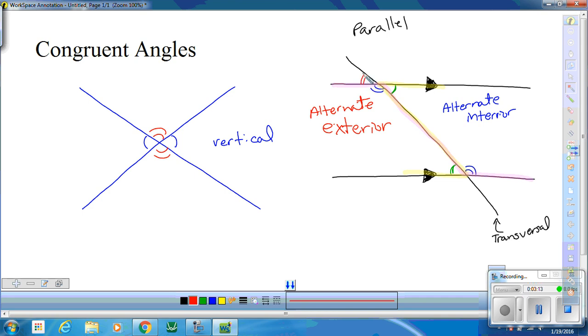So this angle is congruent to this angle, and this angle is congruent to that angle. So opposites on the outside, opposites on the outside, opposites on the inside, opposites on the inside. Those angles we know are congruent.